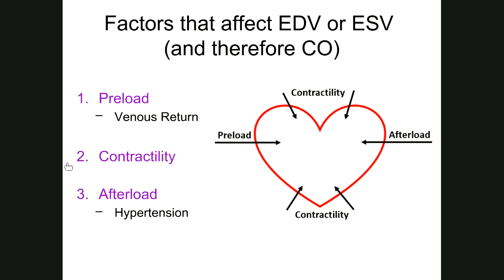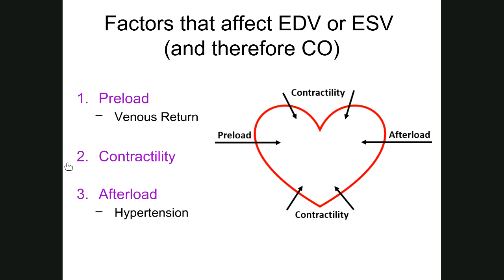So because stroke volume is equal to the EDV minus the ESV, anything that affects EDV or ESV is going to affect the stroke volume. And because it affects the stroke volume, it's going to affect the cardiac output. So I've got a list of 3 things on this slide that affect EDV or in some cases ESV.